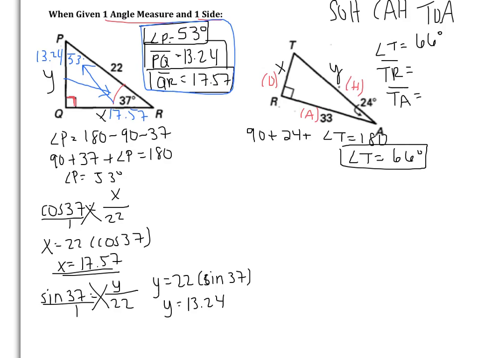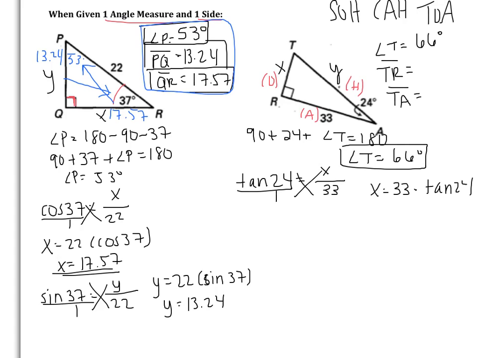Starting with x, I'm going to ignore y. So looking at x and 33, I have opposite and adjacent, which is tangent. So I have tangent of 24 is equal to opposite, which is x, over adjacent, which is 33. Put this over 1. When I do my cross products, I get x equals 33 multiplied by the tangent of 24.